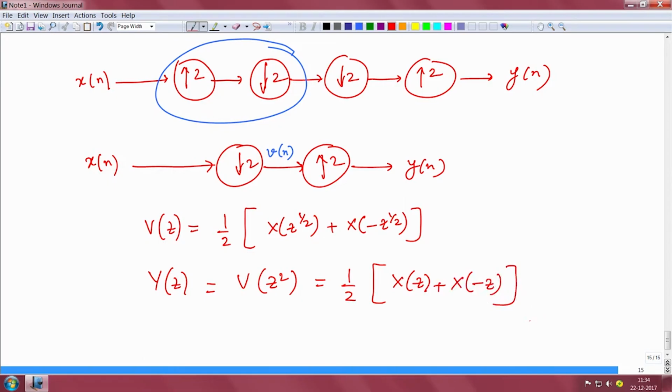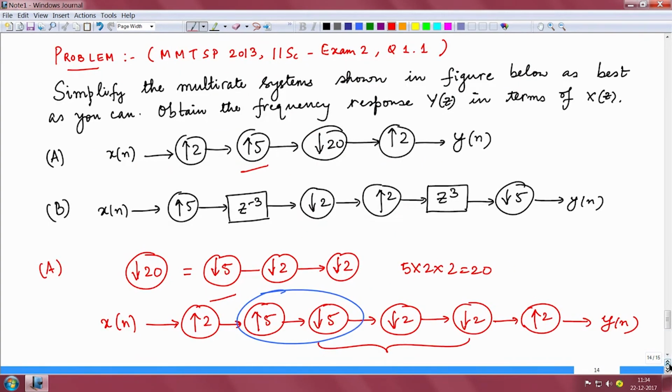So, in this way we have got this simplified version of Y(z) in terms of the z-transform of the signal x[n]. So, the initial block which looked very big has been reduced to a very simple form, and thus we are able to get a simplified form of Y(z).